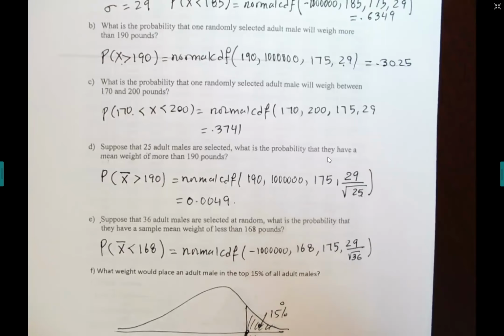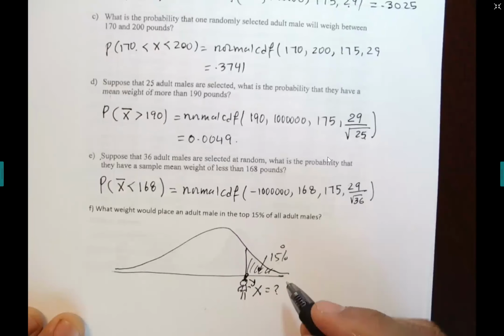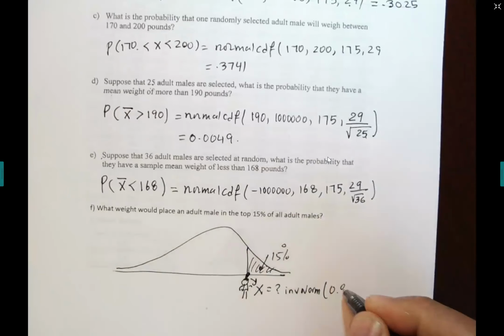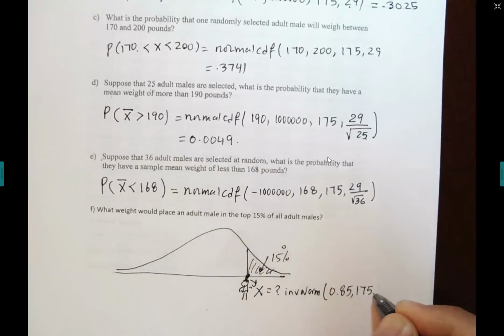How do I do it? It's an inverse norm. And you need the area to the left of the targeted value. Since the area to the right is 15%, the area to the left is 0.85. Then you put the mean, which is 175, and then you put the standard deviation.